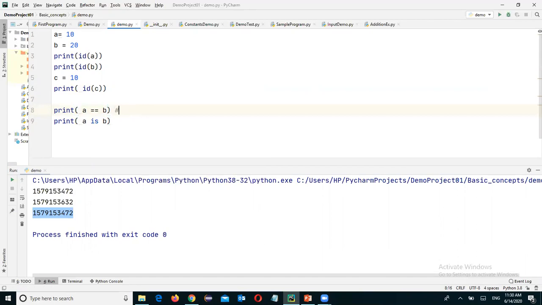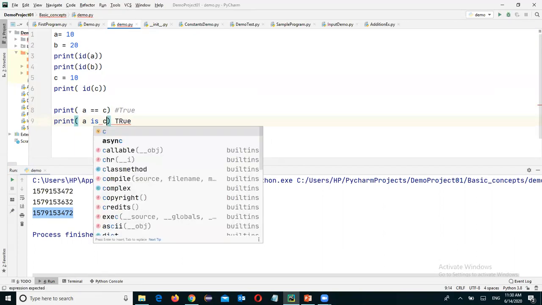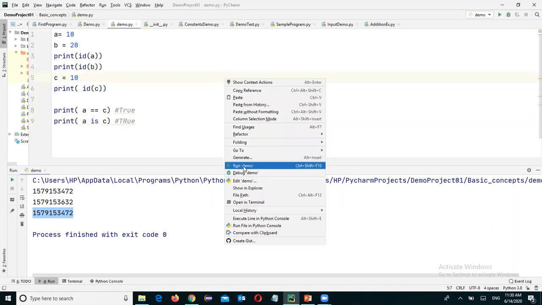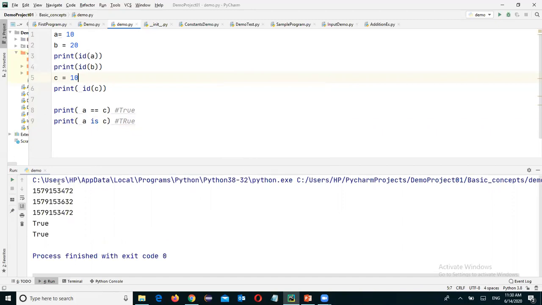It will return true. Here also it returns true. Sorry, it will return true only, not b here, I will go for c. Here also I want to go for c, like this. True, like this.